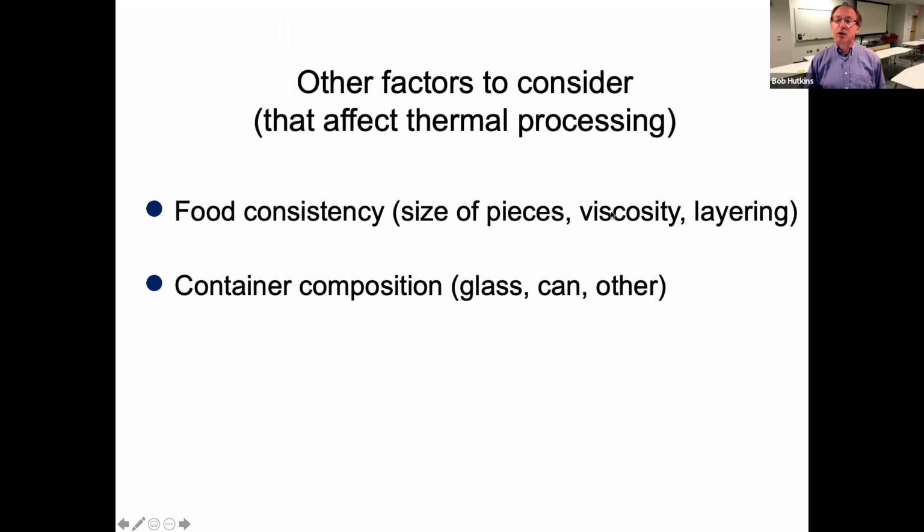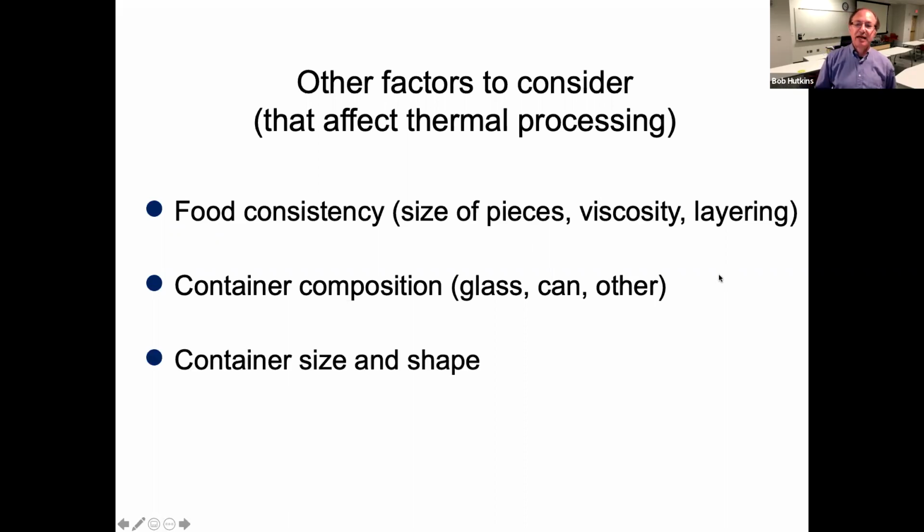Will a chicken broth have a different consistency than cream of mushroom soup? Viscosity can be important. Container composition: glass, can, other. Container size and shape, big can, small can, shape of the can, whether the can is agitated during processing.